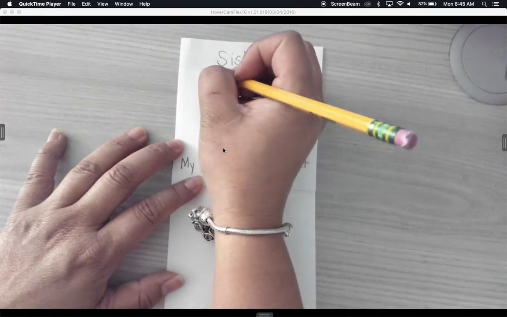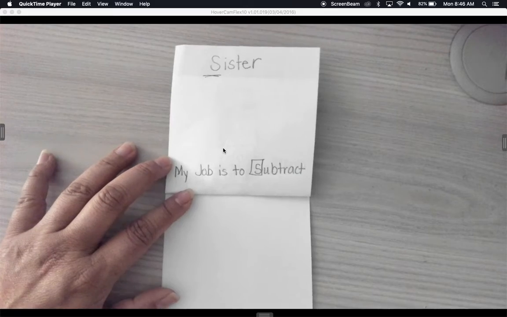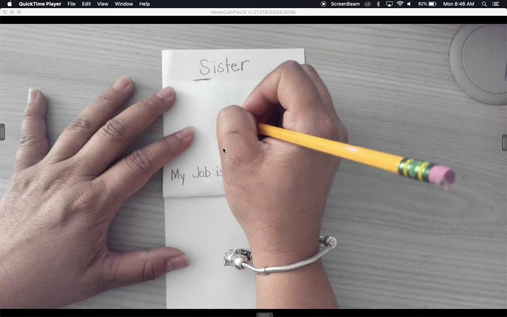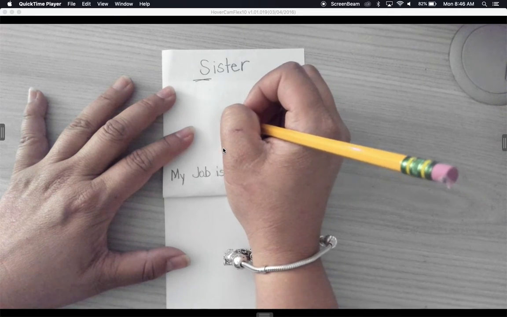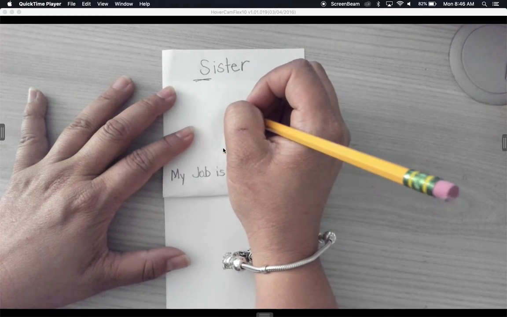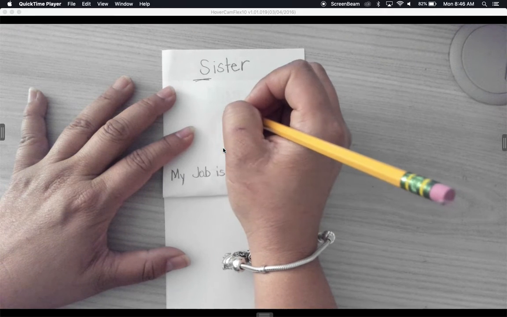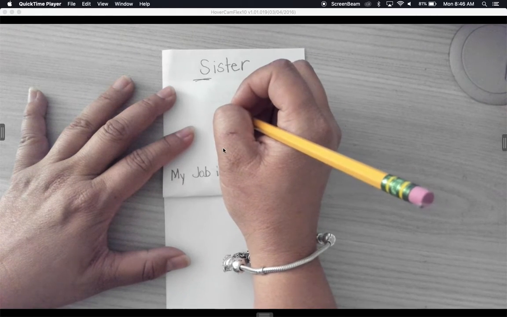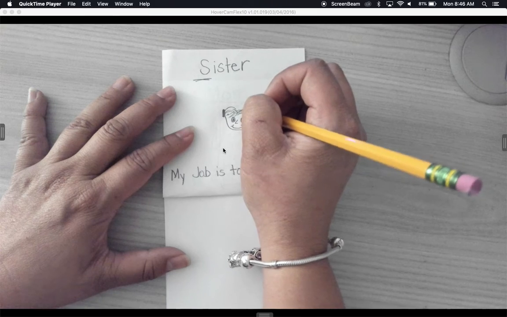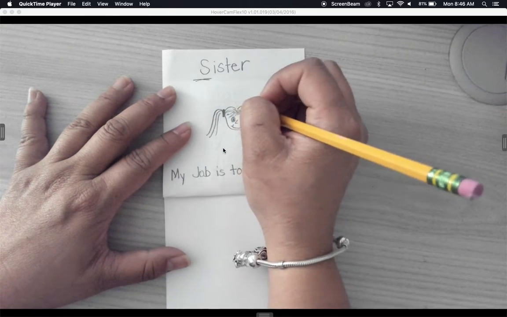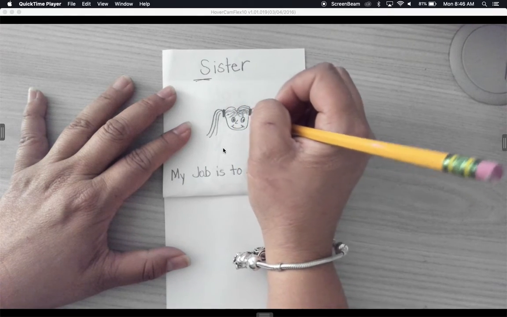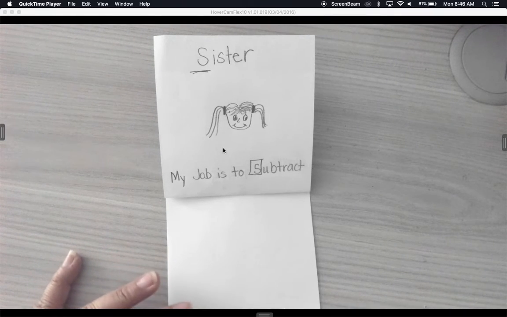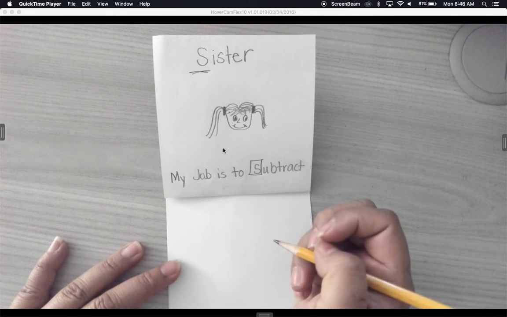So sister has to subtract. So sister is going to subtract what?